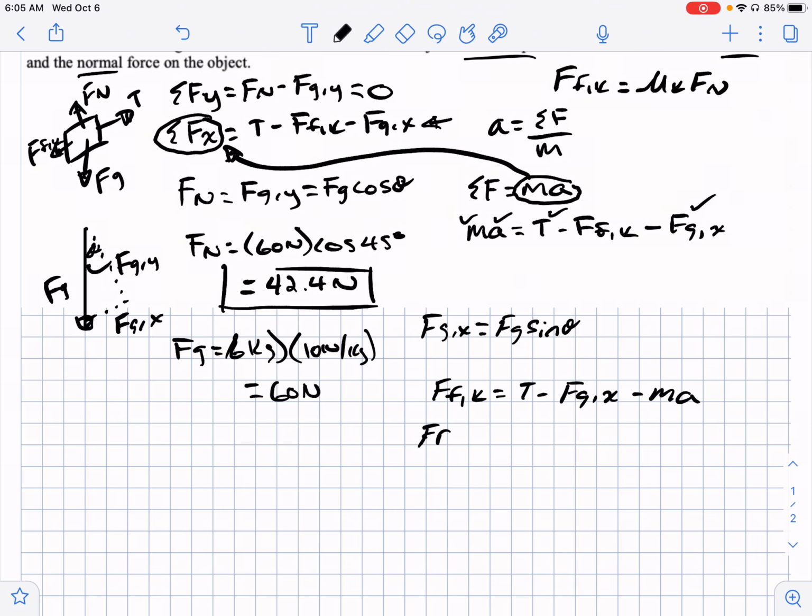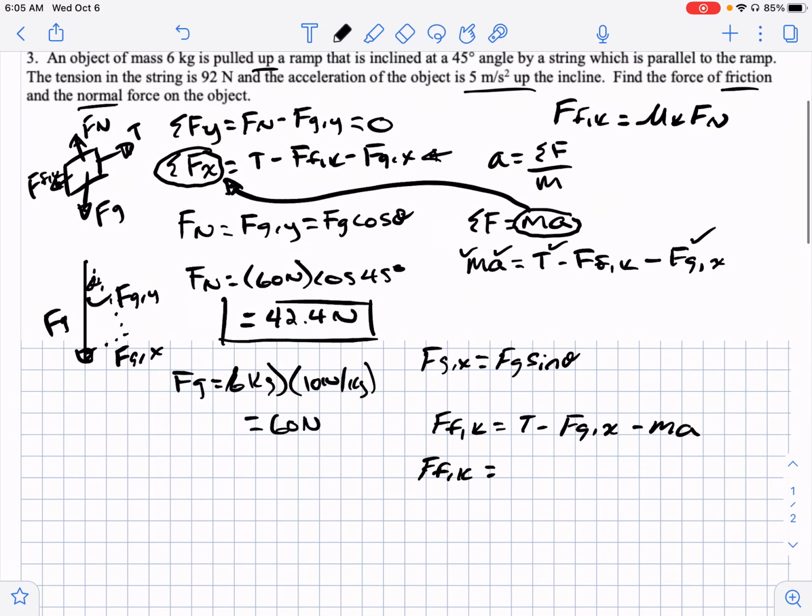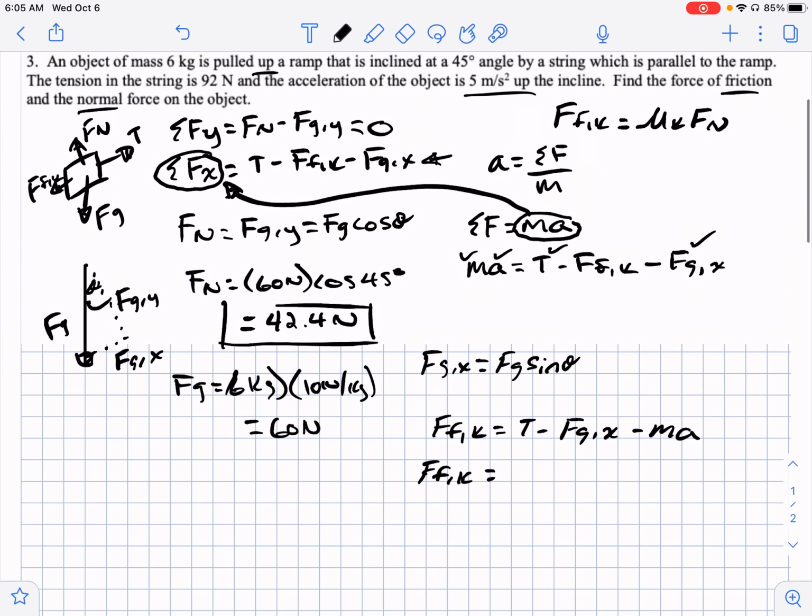So our friction is going to equal tension, which we said our tension was 92 newtons, minus my FGX. So we'll plug in the numbers for our FGX.